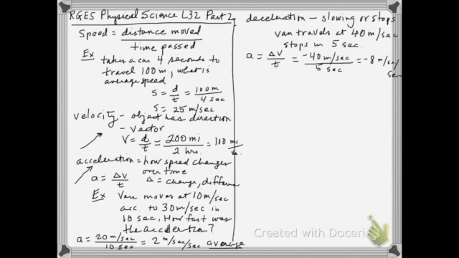So 40 divided by 5 is 8, and we have a negative in front, so it's a minus 8 meters per second per second. So that means that each second for 5 seconds, it's slowing down 8 meters per second, and you can see where that's happening. It's got a minus number. It's going slower. So that's how you would work a deceleration equation.